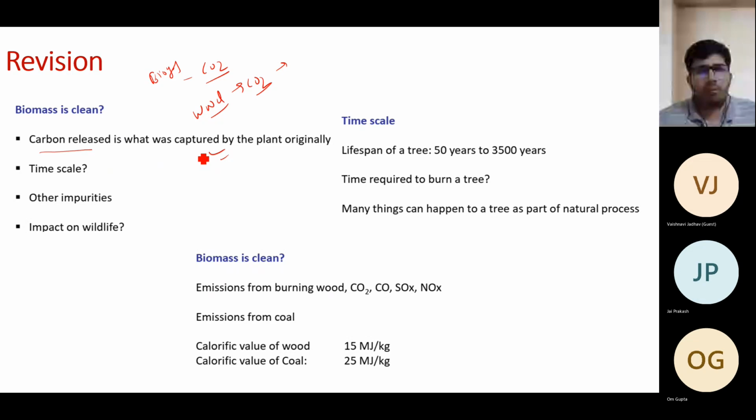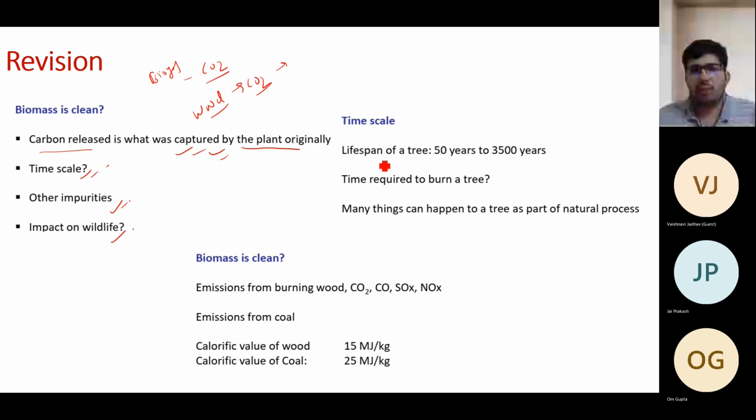So carbon is released, but we are thinking that we are again capturing it by the plants. But time scale is very important, and some other impurities are also there. Impact on wildlife. If we are cutting more trees, then it will also impact wildlife.